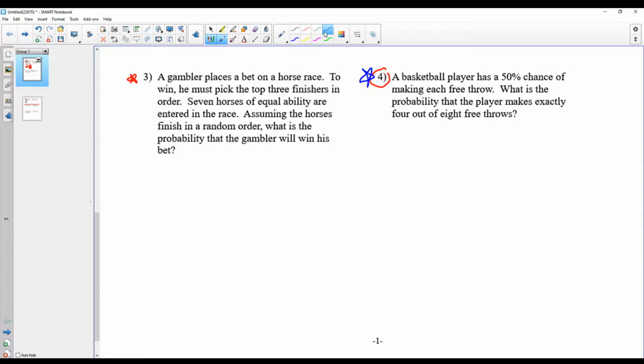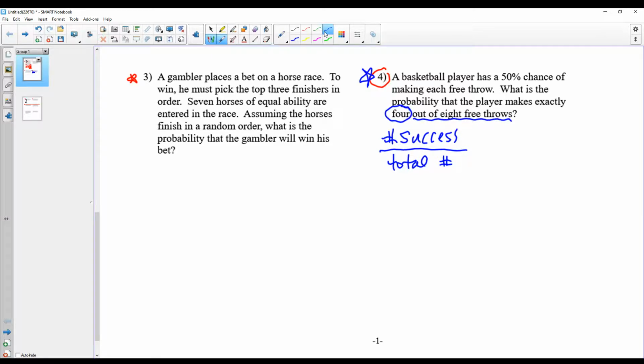So we need to figure out, our probability is going to be the number of successes out of the total possible, right? So how many successful ways can we do this? So we're trying to figure out, a success would be making 4 exactly out of 8.